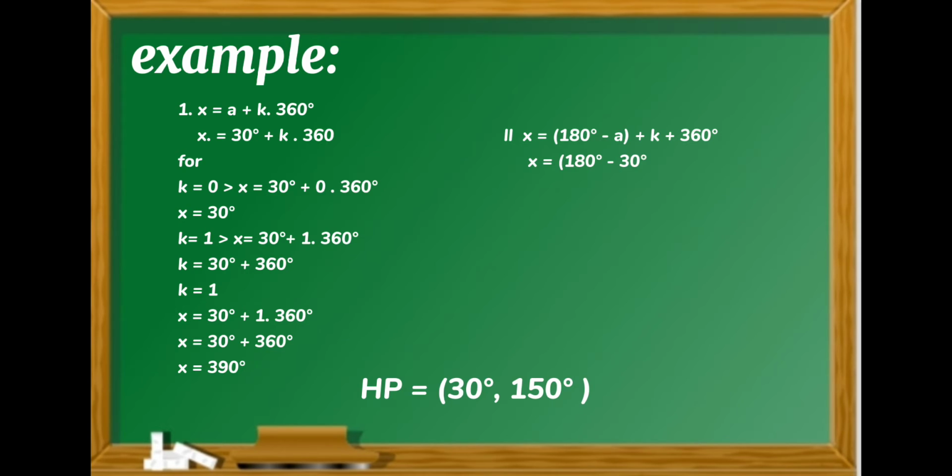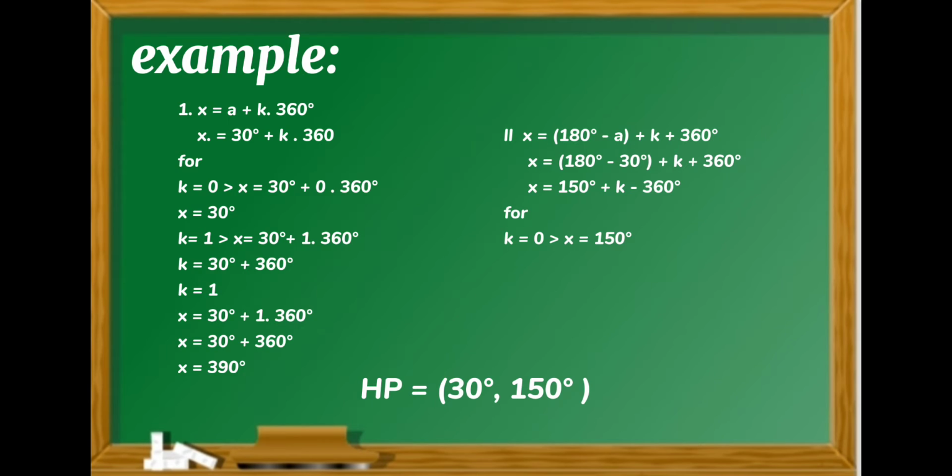The second formula: x equals 180 degrees minus alpha plus k times 360 degrees. Here we have alpha equals 30 degrees, so we can enter x equals 180 minus 30 degrees plus k times 360 degrees.